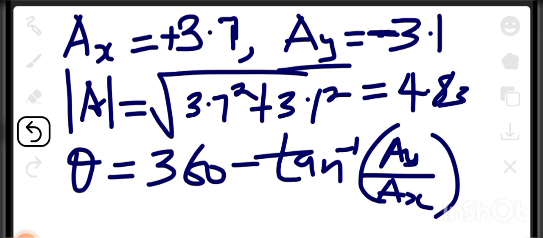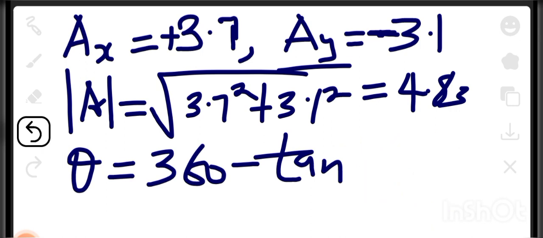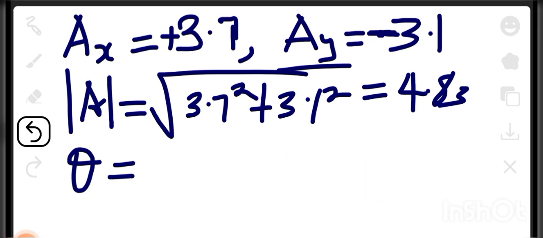These are the 4 rules you use when you want to calculate the angle of a vector between a particular vector and the positive x-axis. So let's do this now to get the answer, because in our case AY is negative and AX is positive.